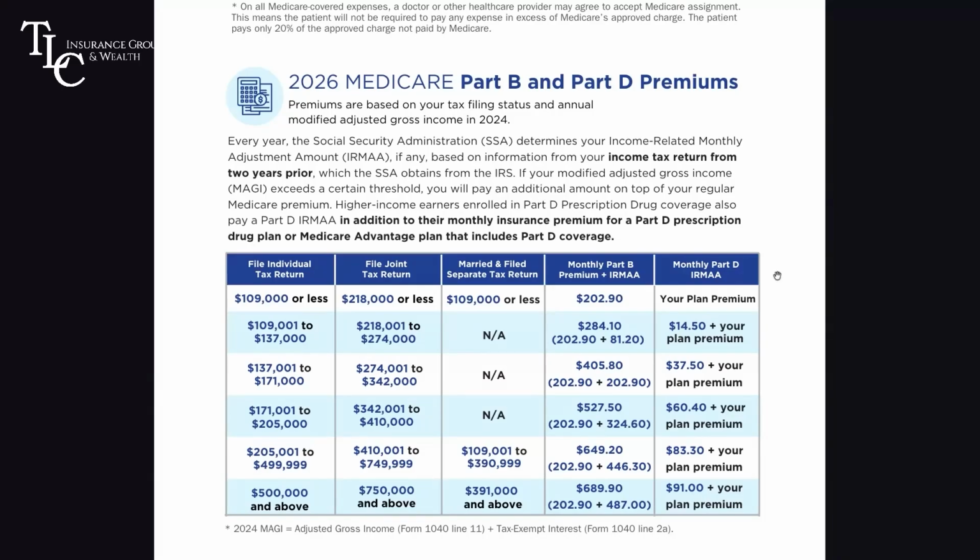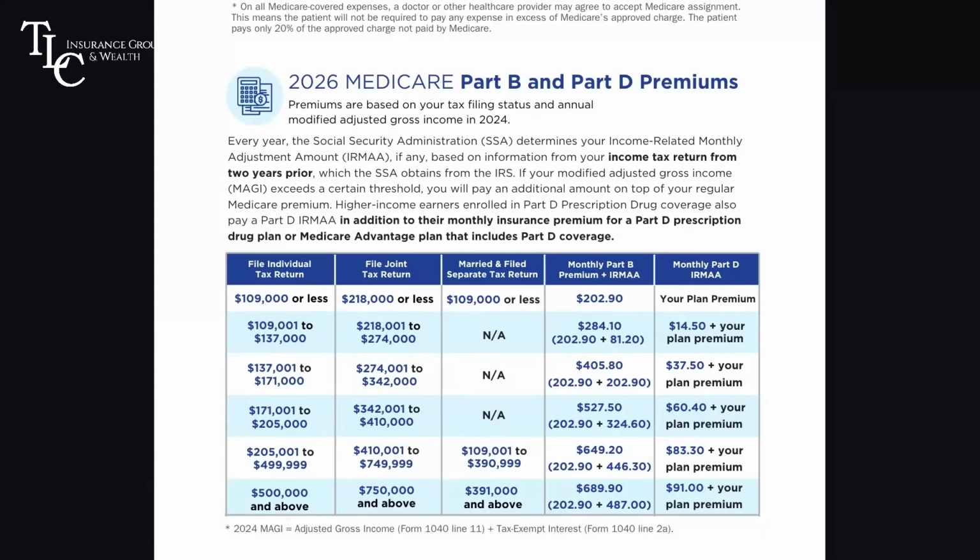A quick look at the table here, you'll see several different columns. Column 1 to the left, filing individual taxes. Second column to the right, filing joint taxes, then married and separate filing. And then we have monthly Part B premium and monthly Part D IRMAA. As you see, the higher the income, you have all these different tiers here.